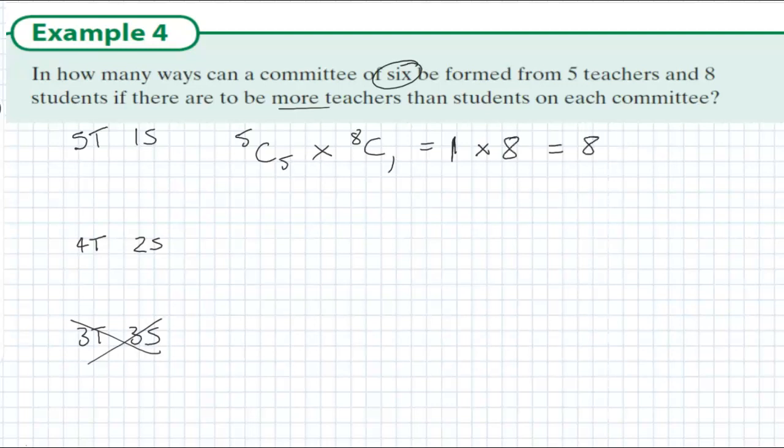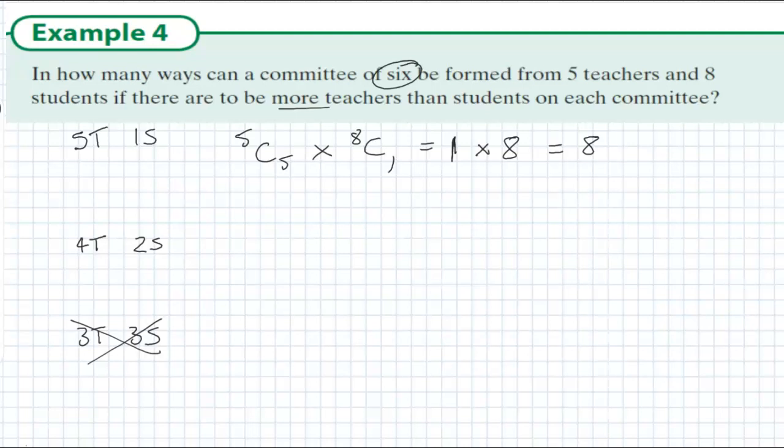So there's 8 different scenarios where that would occur. If you think of the logic of that, if you're choosing all 5 teachers, that's just done. You're only saying which of the 8 students can be chosen, so there's only one of 8 choices. That seems straightforward.